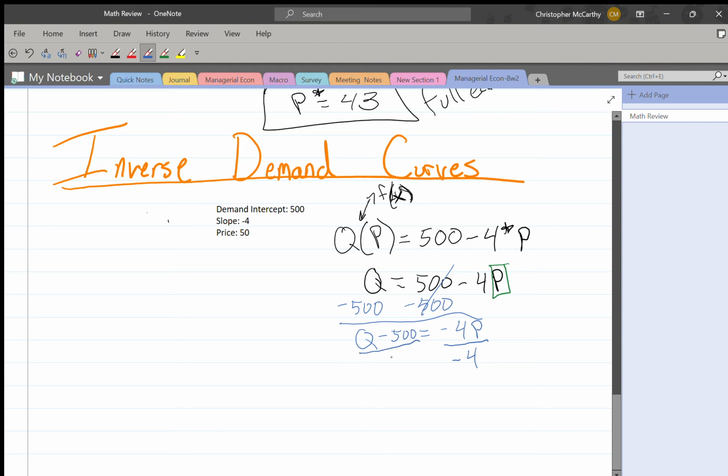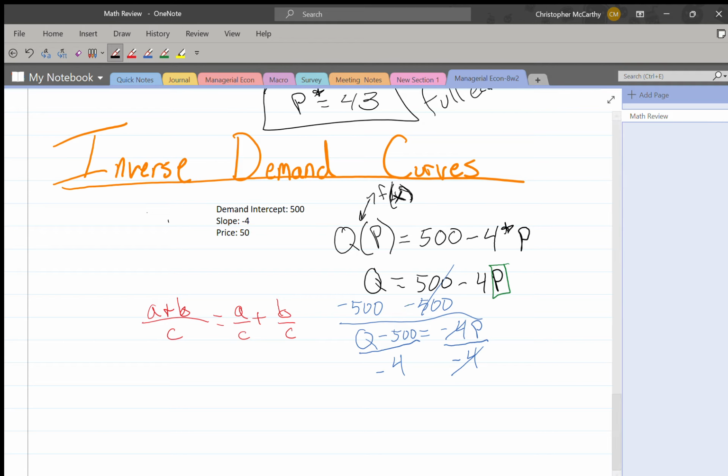Now this is where it gets a little tricky for some students, because when you divide two things by one number, that's going to end up being the individual quotient of those two things, right? You might remember doing something like this, depending on when you learned math or where you learned math.